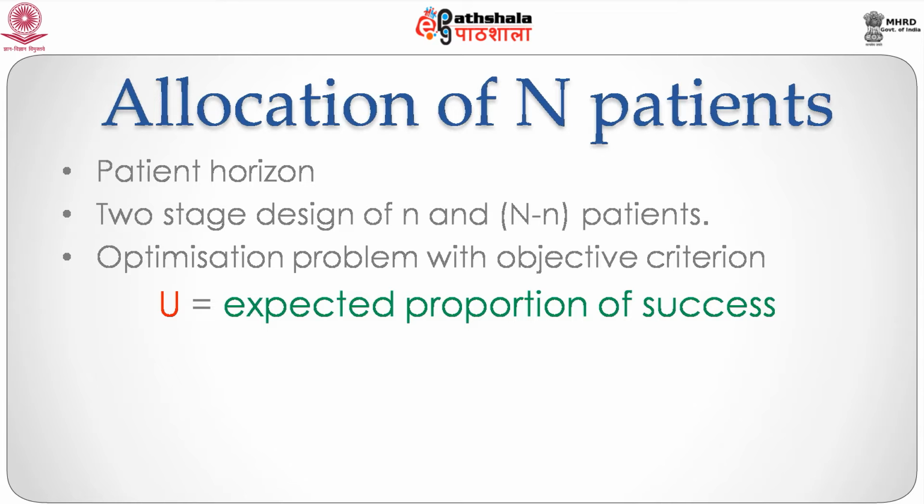The first stage consists of assigning small n by 2 patients to each treatment. Once this is done, the experimental information is used to determine which is the better treatment, and in the second stage we assign the remaining capital N minus small n patients to this better treatment.